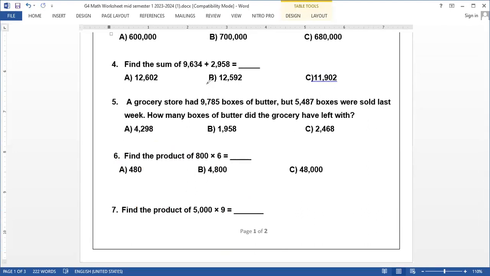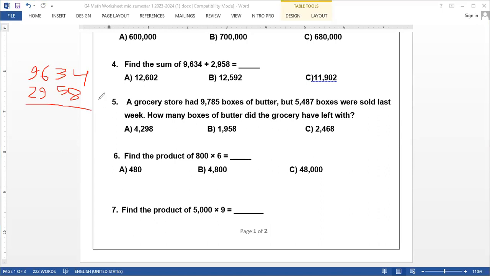Find the sum of 9,634 plus 2,958. To add and subtract, you have to line up the digits. What do I mean by that? I write the numbers below each other. 9,634 plus 2,958. Now I add.